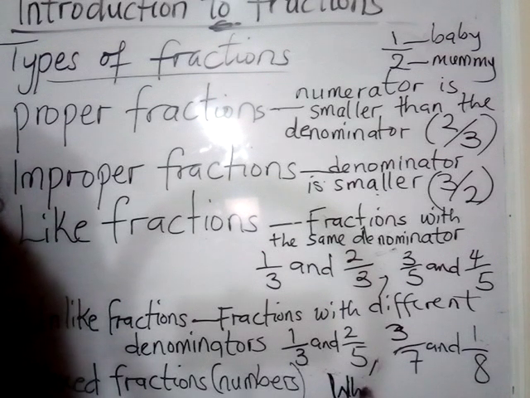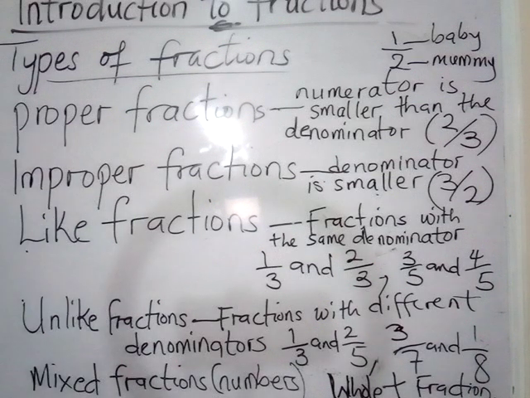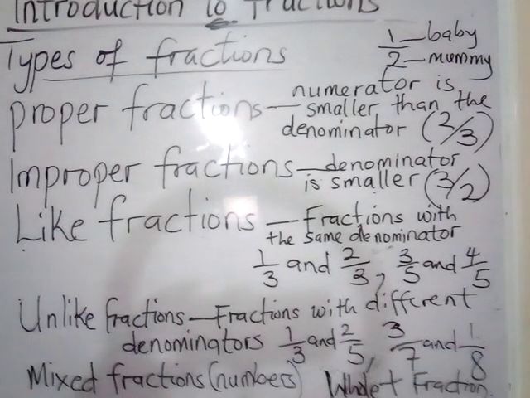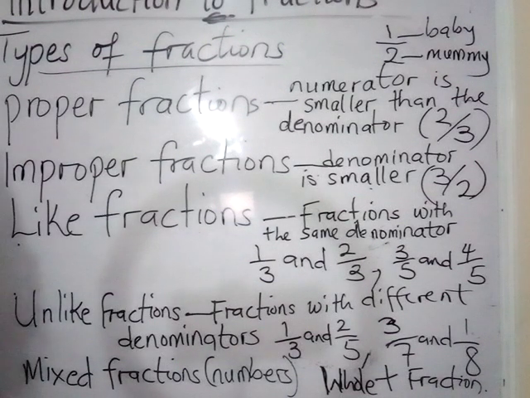Let me write it that way. Whole plus fraction. Is it clear? So mixed numbers or mixed fractions simply refers to whole numbers plus fraction. When you write whole numbers and fractions together, it is mixed fraction or mixed number.